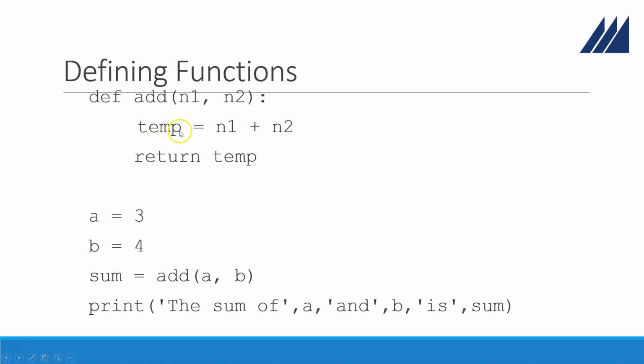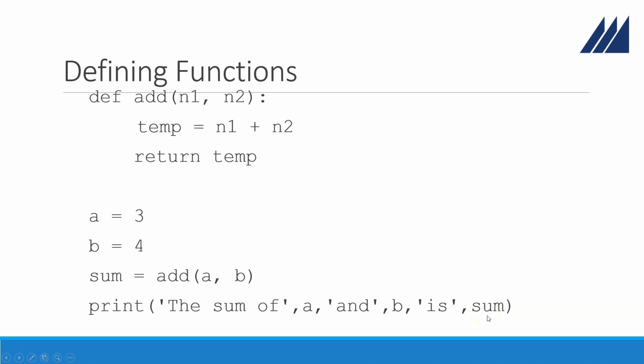It's going to be stored here, and over here it's going to return 7. When I return 7, the program is going to go back to where it started from, where I called it. This is equal to 7, which is going to be assigned to the sum. And the program is going to continue to the print statement by saying print sum of a, or 3 and 4, is 7.